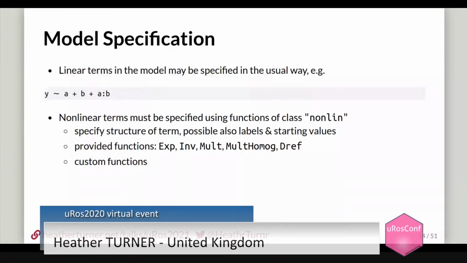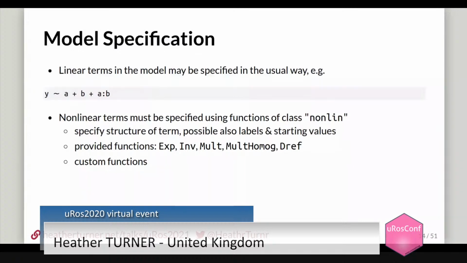Mult homog is a special case of that. So if we've got a square contingency table where the two factors have the same levels, for example, an origin socioeconomic class and a destination socioeconomic class, then it might be reasonable to assume that the row effect and the column effect are equal.